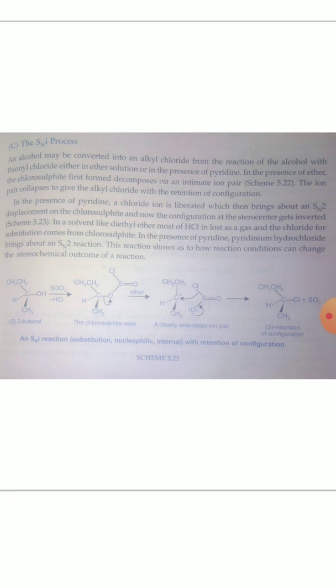In this example, S-2-butanol is reacted with SOCl2 and forms the chlorosulfite ester in the ether solution, and then a closely associated ion pair forms from the chlorosulfite ester, giving the S product with retention of configuration.